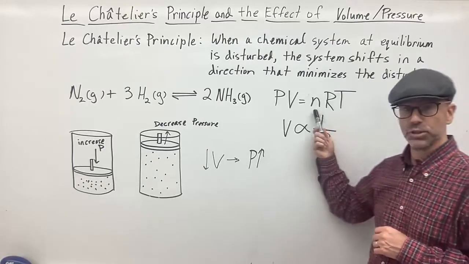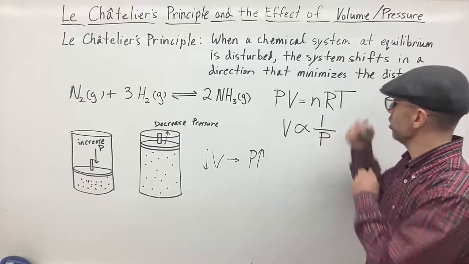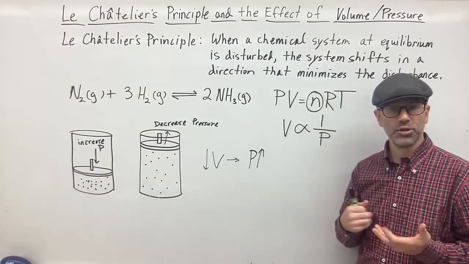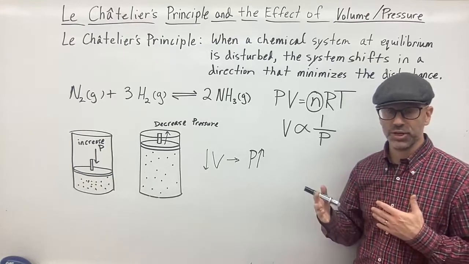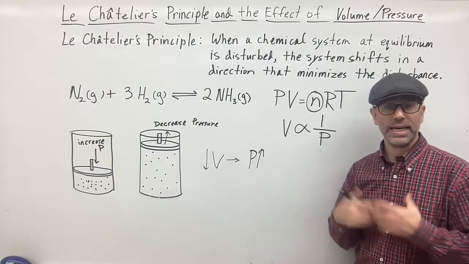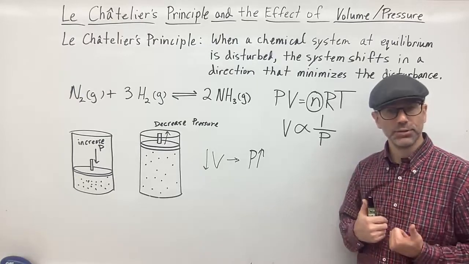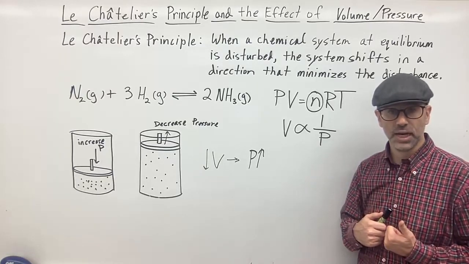Well, if we go back to PV equals nRT, we notice that one way in which you can also increase or decrease pressure is by increasing the number of particles that are in the container or decreasing the number of particles in the container, right?